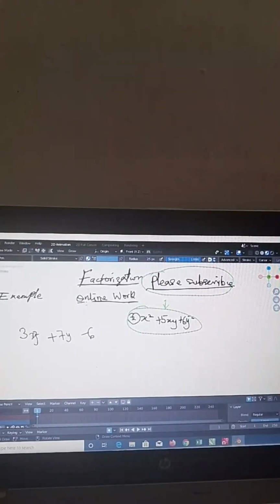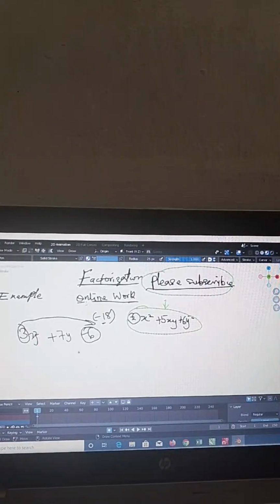Like I said, use the coefficient here to multiply this. You have minus 18. So I have used the coefficient to multiply this. I got minus 18. Are you following?